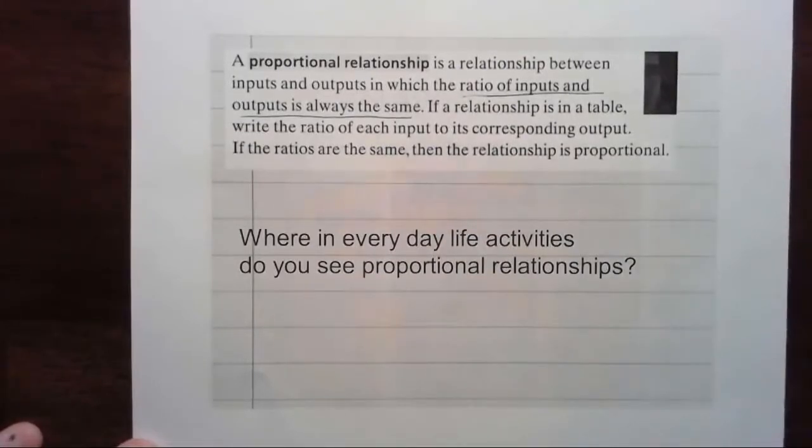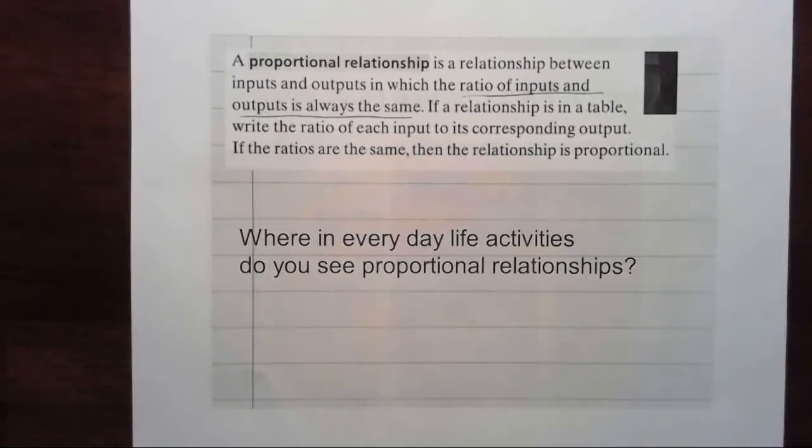So here's a little question. Where in everyday life activities do you see proportional relationships? I'll tell you one. I think the most famous one is when you cook, when you double a recipe or you triple a recipe. For example, if for each cup of flour I'm going to use 2 eggs, and I decide to use 2 cups of flour, hopefully I double my eggs also, so it'll be 4 eggs.